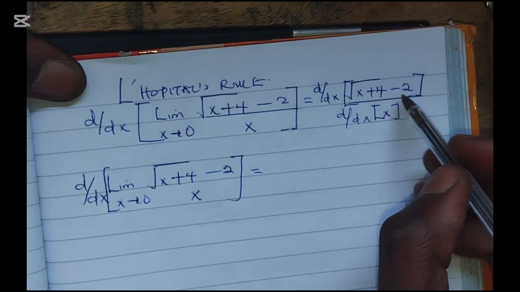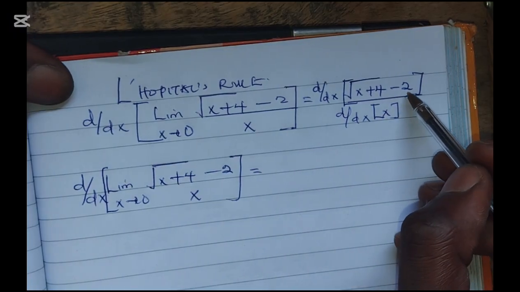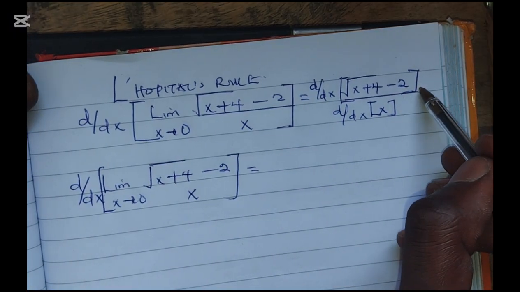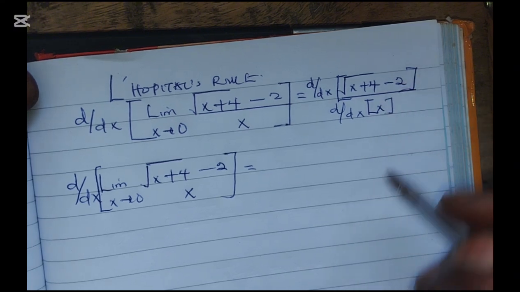Now we know that if we differentiate 2 it will go to 0. So this negative 2 goes to 0.